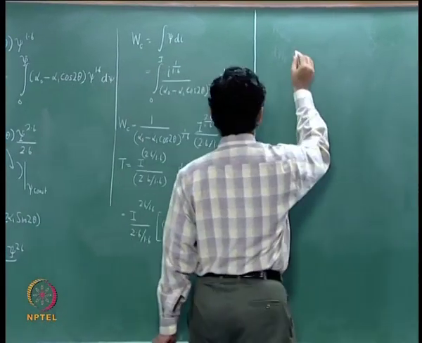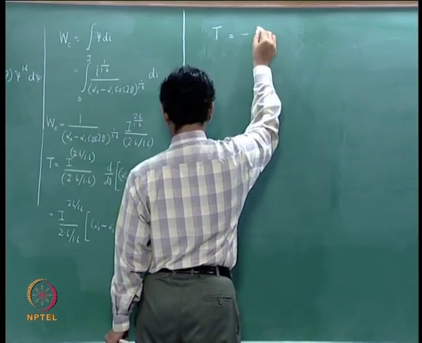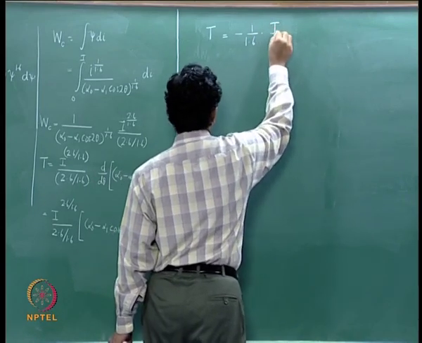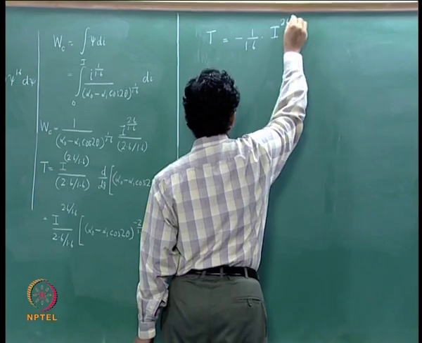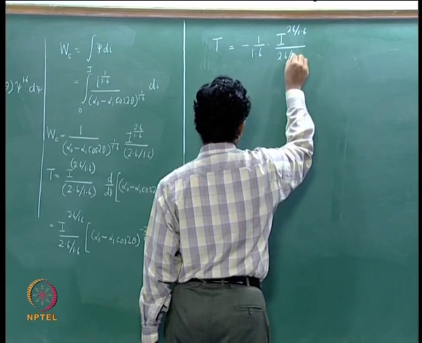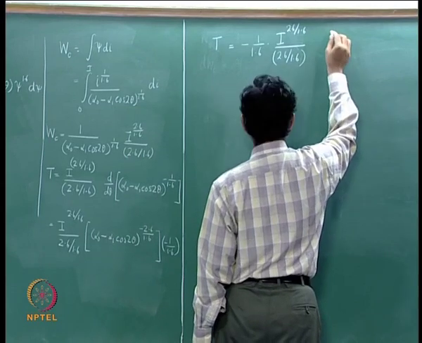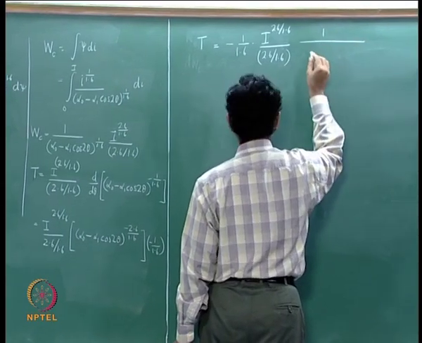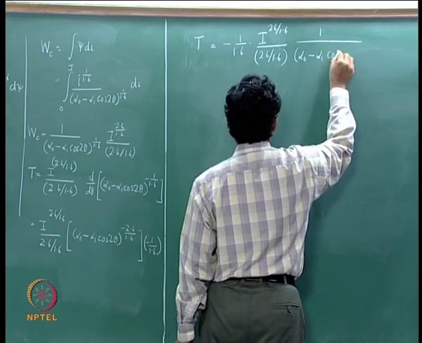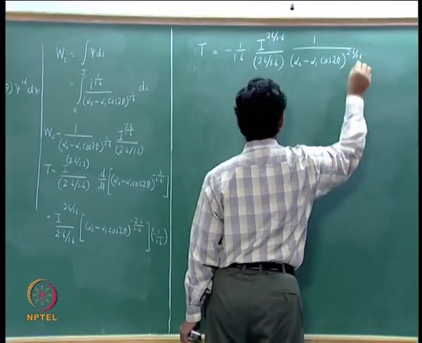What we have is torque we have obtained as minus 1 by 1.6 multiplied by I to the power of 2.6 by 1.6 divided by 2.6 by 1.6, multiplied by 1 by alpha naught minus alpha 1 cos 2 theta to the power of 2.6 by 1.6.